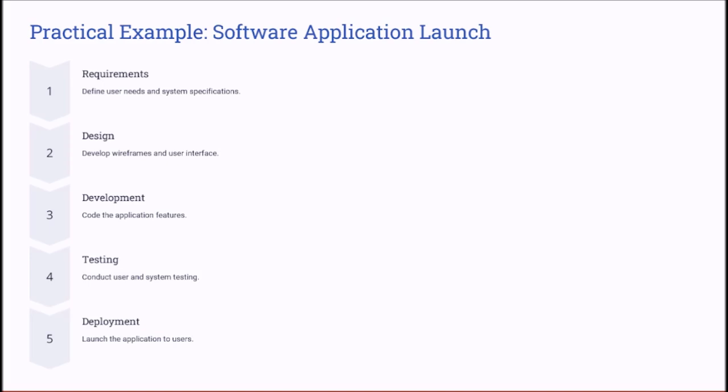Think of define the requirements as one of the key activities under the requirements gathering phase, for example. Developing the wireframes can come under the design phase. Conducting user testing can go under the testing phase.